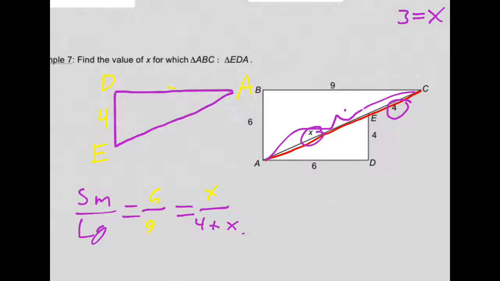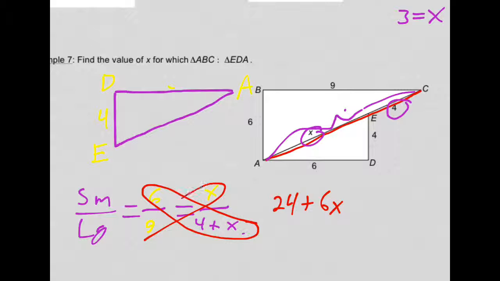So now I've set up my proportion, and I can cross multiply. And I get 6 times 4, which is 24, plus 6 times x, which is 6x. And then I cross multiply the other way. That's much easier. That's just 9x.